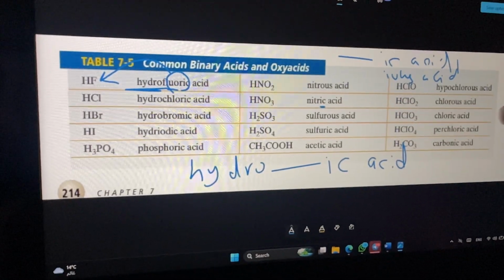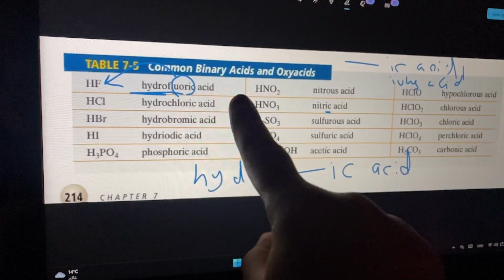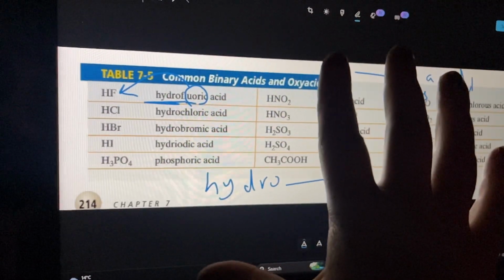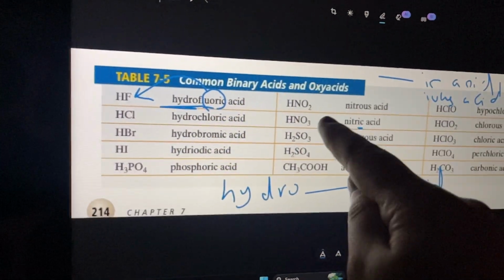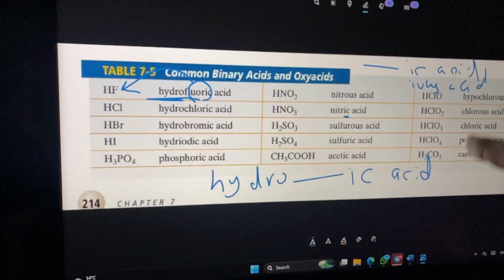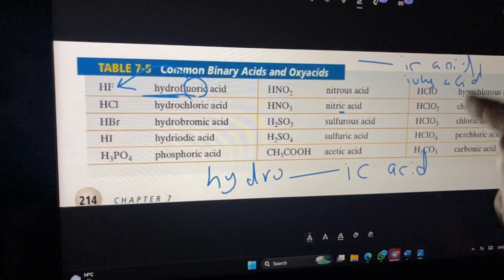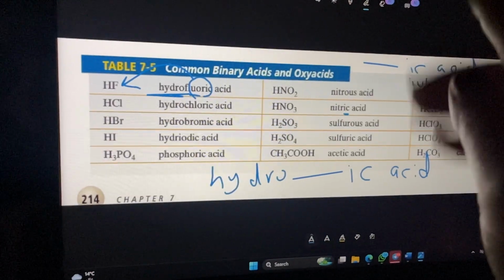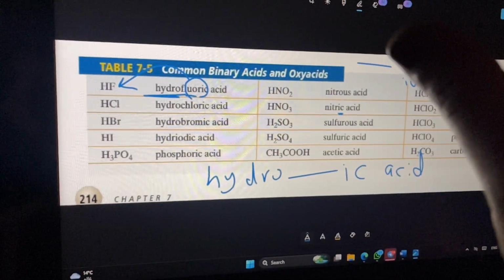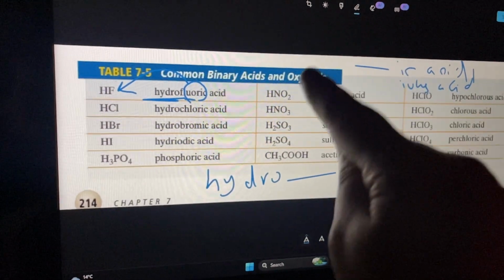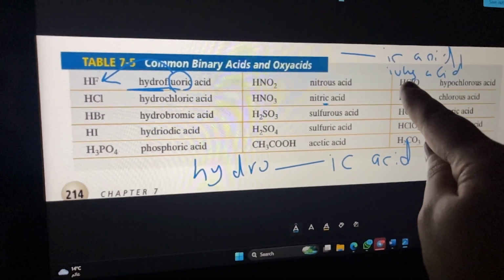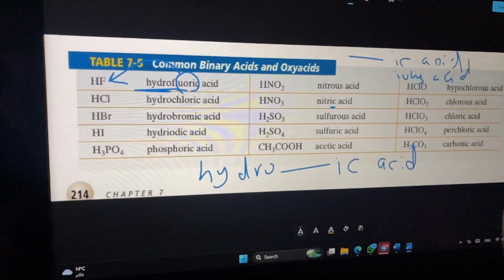When it becomes acid, we write HNO3, HNO2. NO3 is more oxygen, so we write nitric acid. NO2, which is HNO2 as an acid, we write suffix -ous, nitrous acid. Okay? For the others, same.